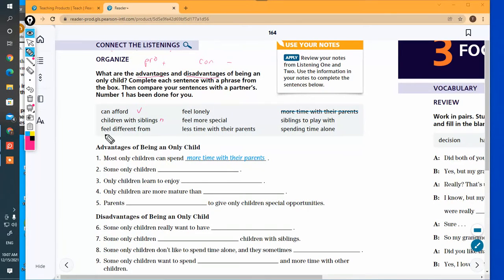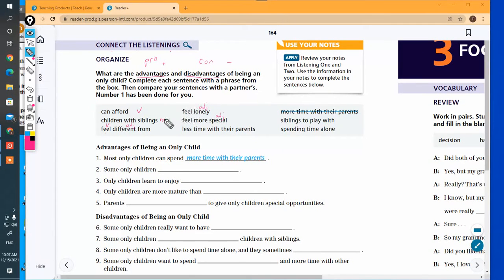Okay, so feel is a verb. Feel is a verb. To feel lonely, here we have feel again. Okay, so after feel, we're using adjectives. Here's another adjective, and here's another adjective. More functions as an adverb.